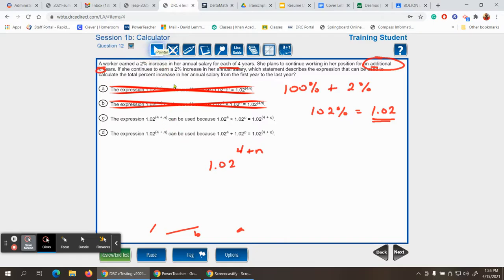So now, what makes this a true statement? The only way that this is a true statement is if you know your laws of exponents. In order to add exponents, you have to multiply like bases.